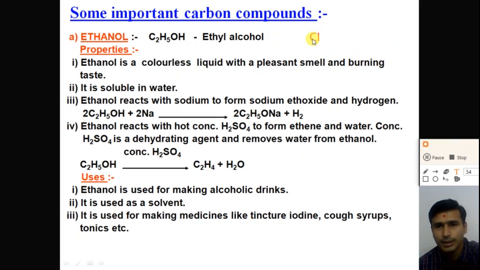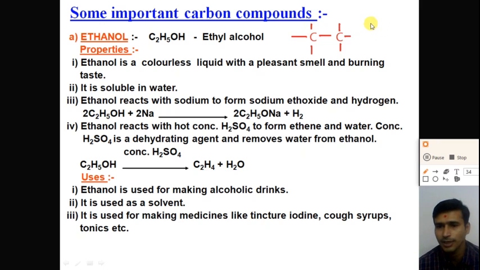So in ethyl alcohol, two carbon atoms are there. These two carbon atoms are joined with a single covalent bond, right? And all the other valencies of the carbon atoms are fulfilled by hydrogen atoms, that is ethane, right? So here all the valencies of both the carbons are connected with single bonds to hydrogen atoms, it is ethane.